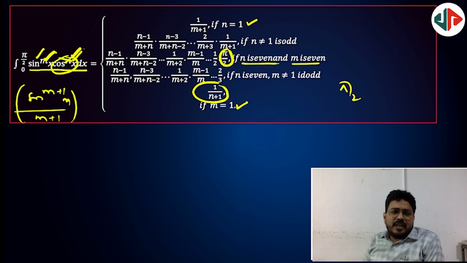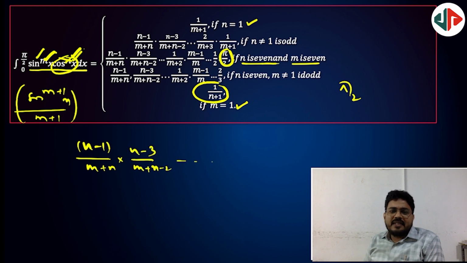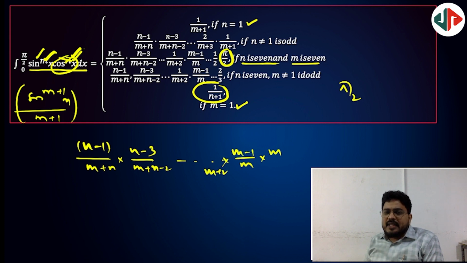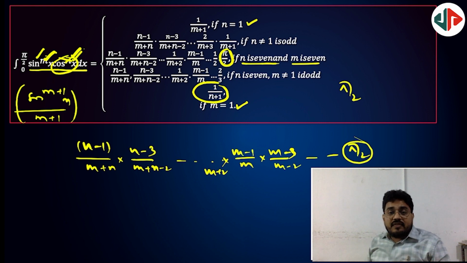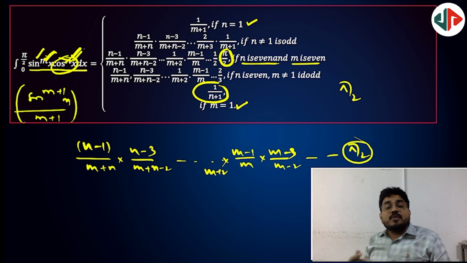So simply you need to write like this: (n-1)/(m+n) into (n-3)/(m+n-2), like whatever the last term comes, then start with (m-1)/m into this value, ending with (m+2), then (m-3)/(m-2) like that. Both are even numbers, finally you write pi by 2. If both of them are odd numbers or one of them is an odd number, whatever number comes, you can stop there.